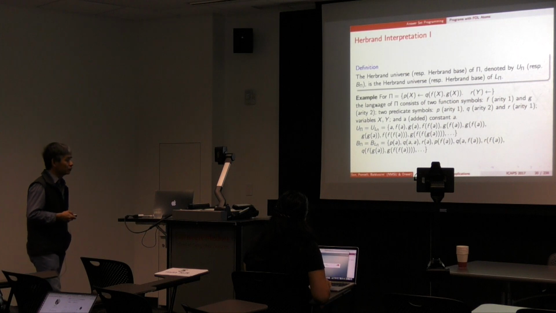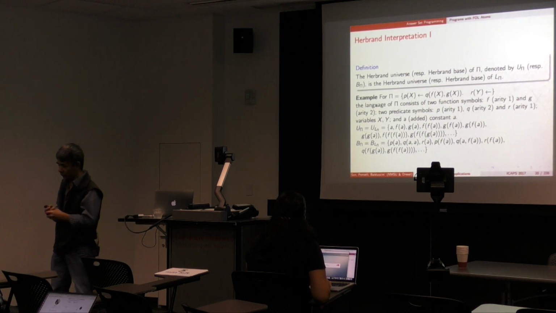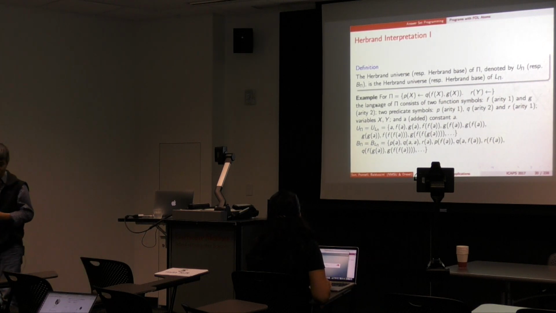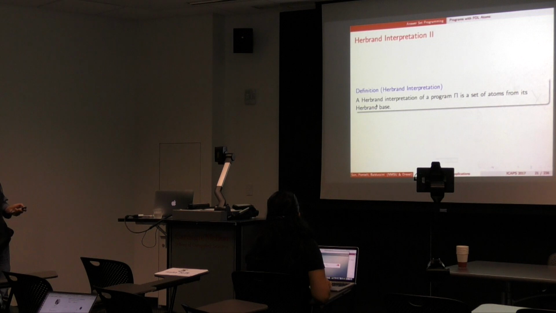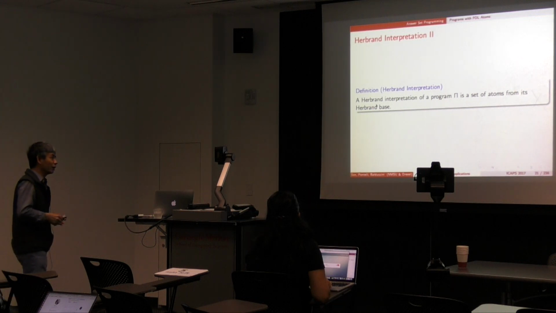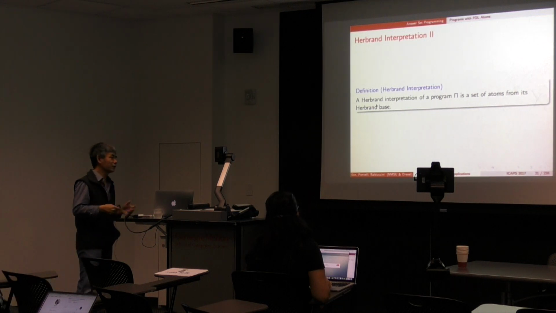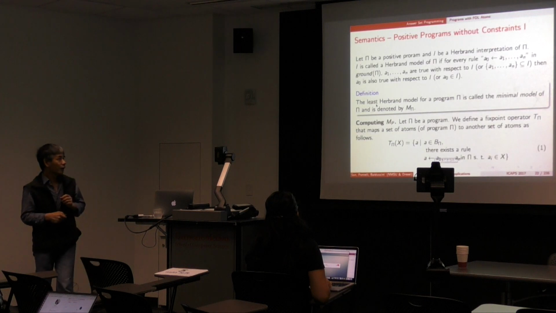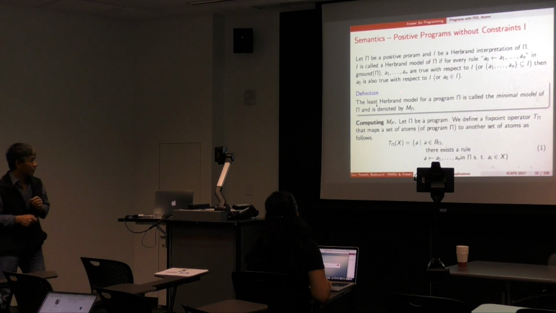To define the semantics of a program with variables, we have the Herbrand universe and Herbrand base defined like that, and we define the Herbrand interpretation, basically a collection of atoms in the Herbrand base. And we can define the least Herbrand model of the program.